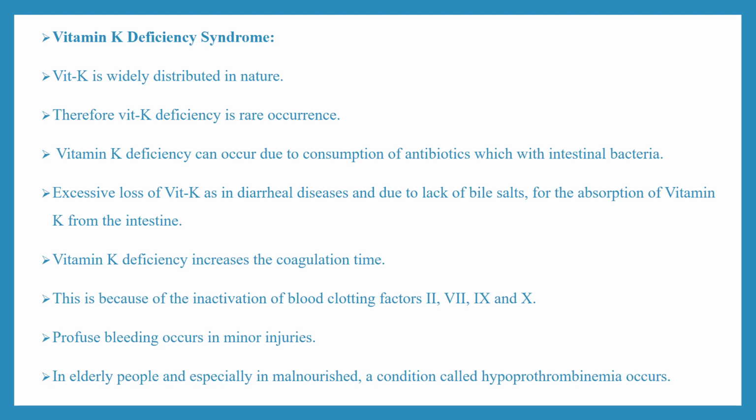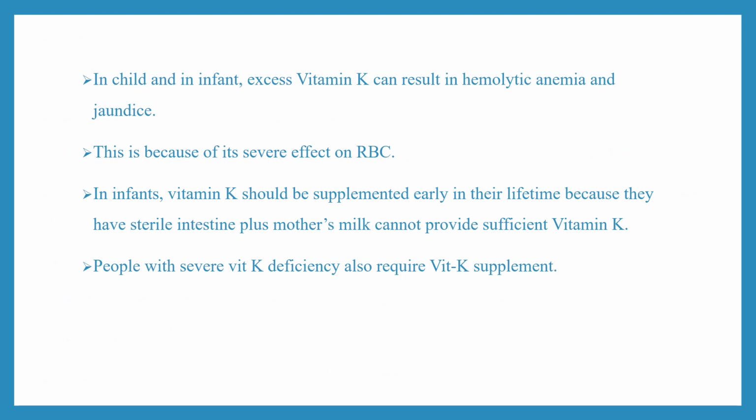The excessive loss of this vitamin K will occur during diarrheal diseases, and then vitamin K deficiency increases the coagulation time, because of the inactivation of blood clotting factors 2, 7, 9 and 10, so that bleeding occurs in minor injuries.